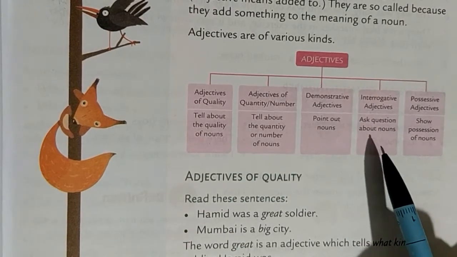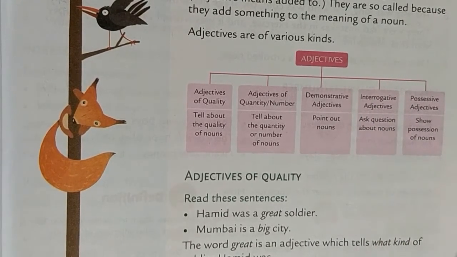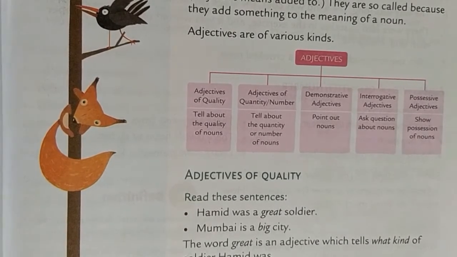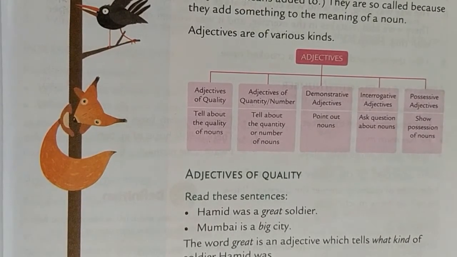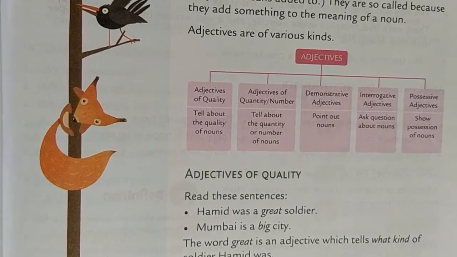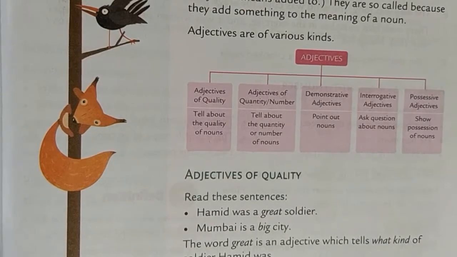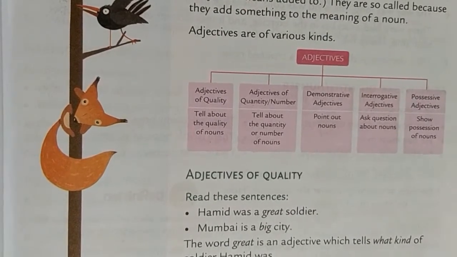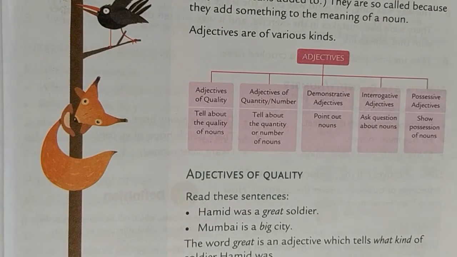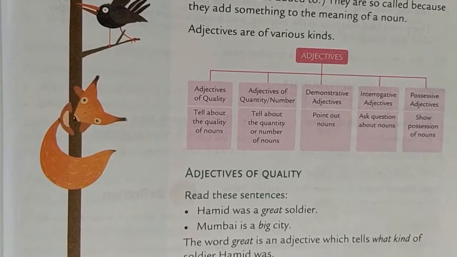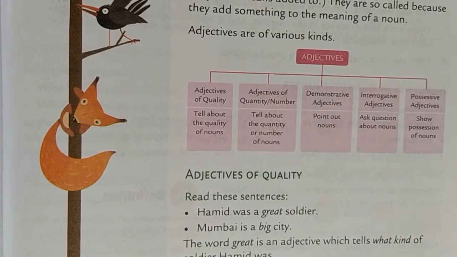It asks questions about a noun. Where there is a question mark, it's an interrogative. Generally when we ask a question we add a question mark, so for your identification it will become easy.